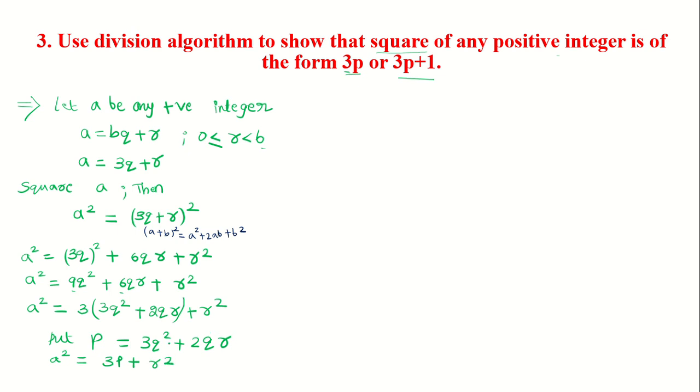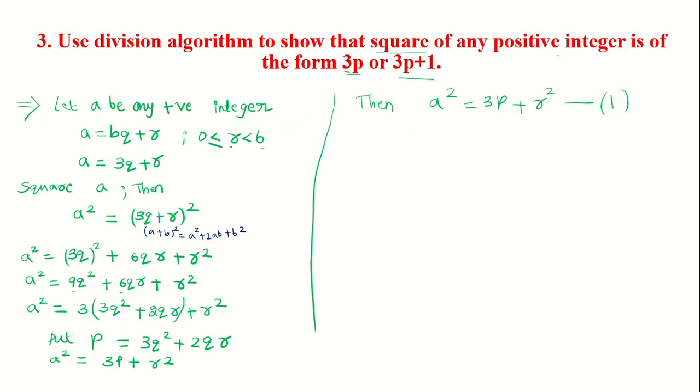You need to substitute this p equals 3q square plus 2qr. So what you'll get? Then we got the equation that is a square equals 3p plus r square. Take this as equation 1.